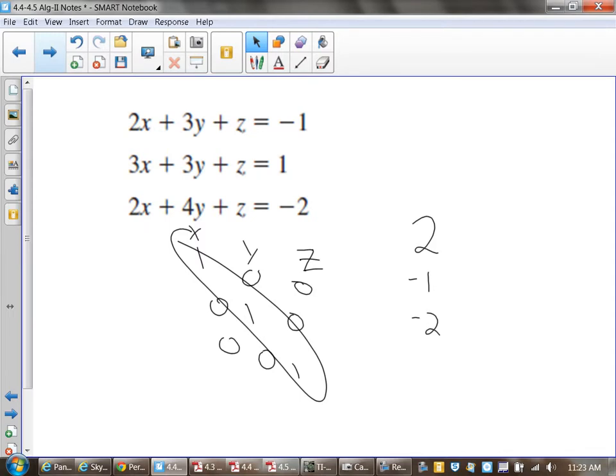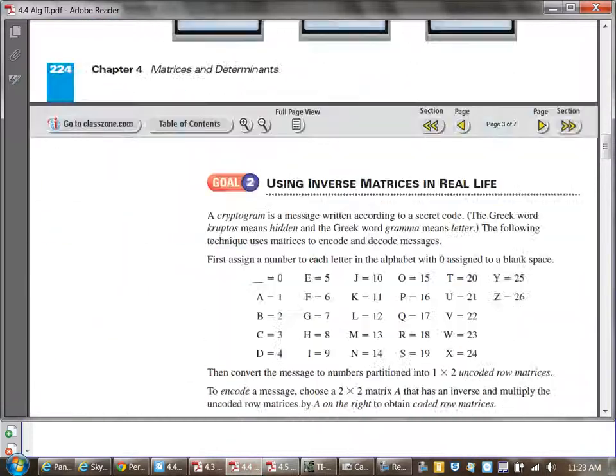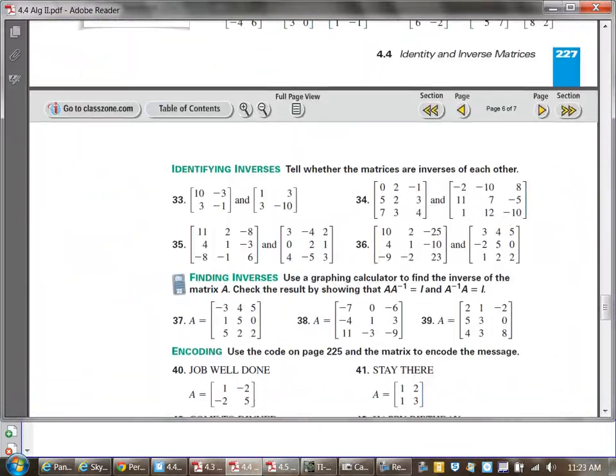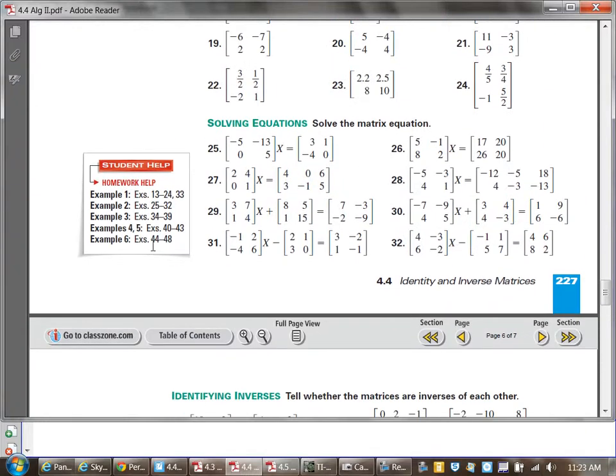Let me give you some problems. Section 4.4, I'd like you to do numbers 29 through 32, it's on page 227. Most people do very well on this test, so I hope you do.